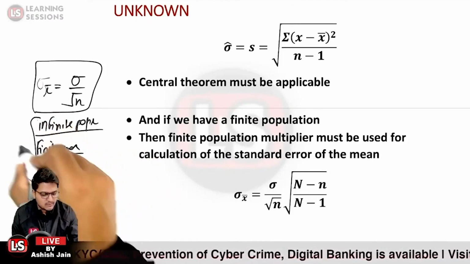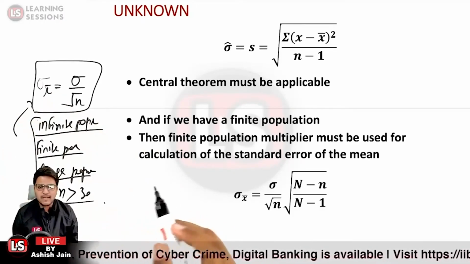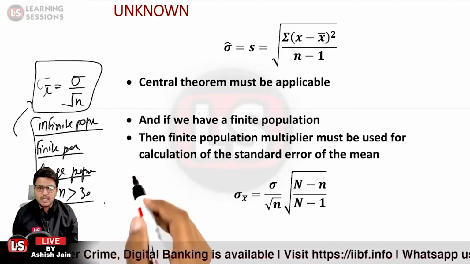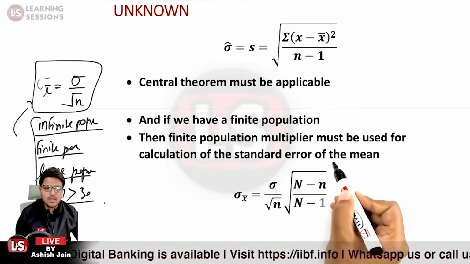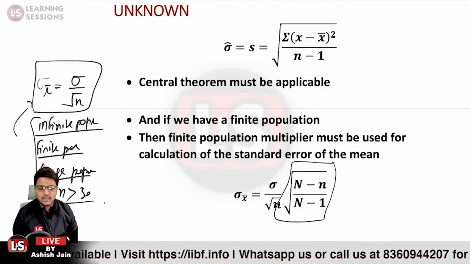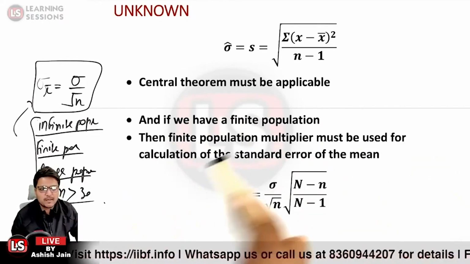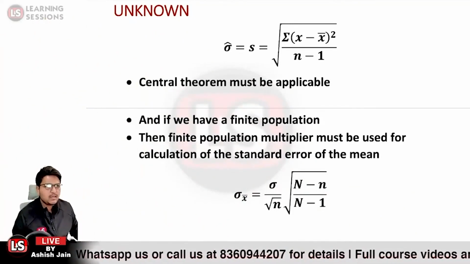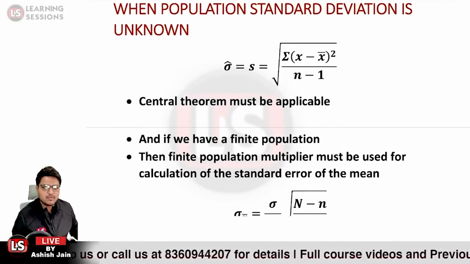In that case, this formula is to be used. And if it is a finite population and these criteria are not met, you will be multiplying it with the population multiplier, that is capital N minus n divided by capital N minus 1. Is that clear? So that would be related to when the standard error of the population is not known.